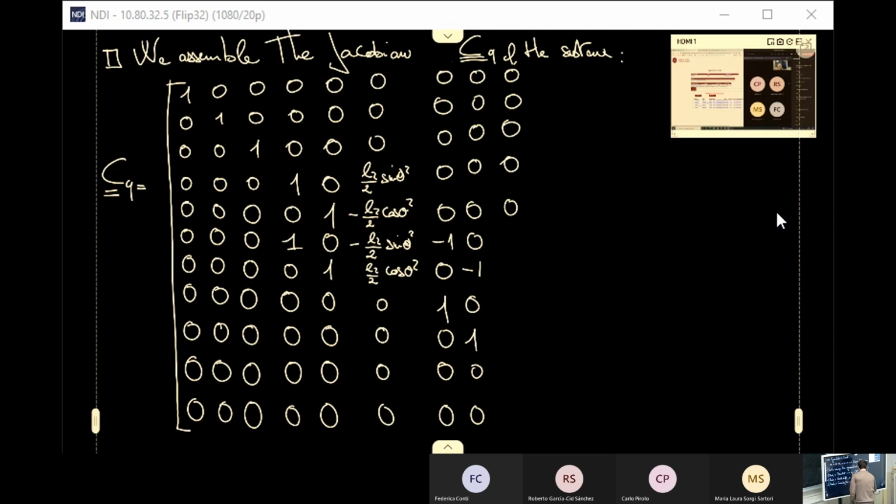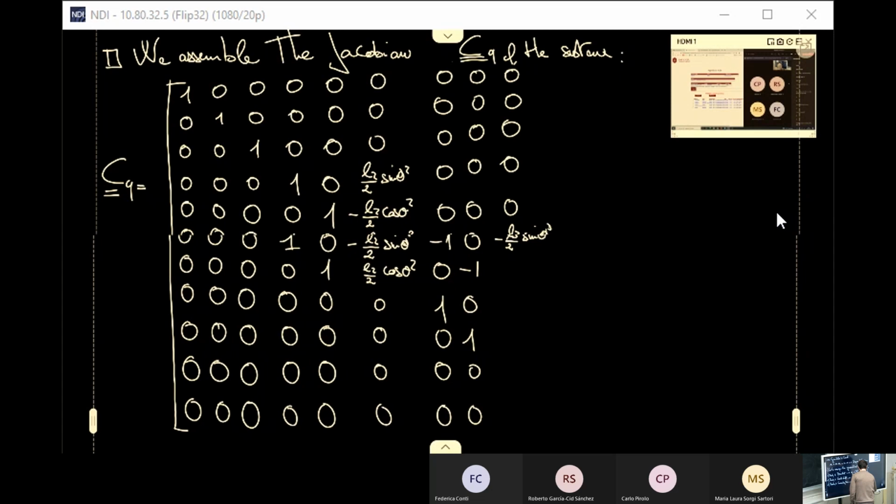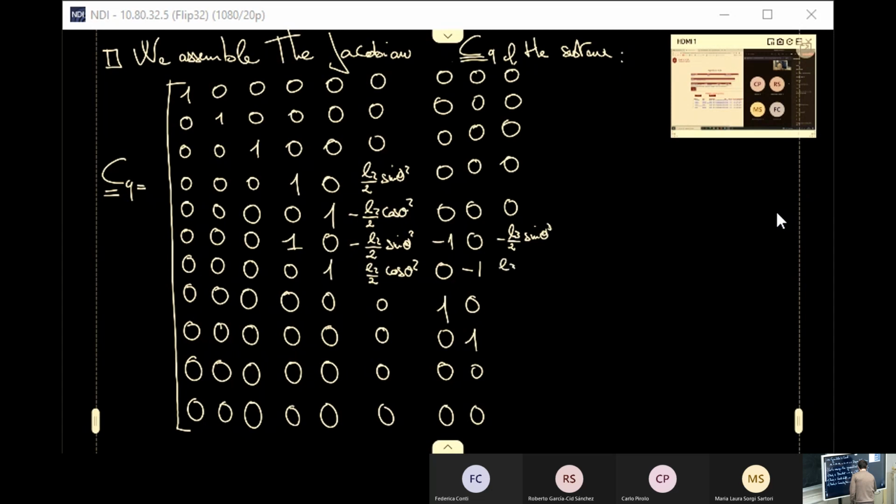And then here we have the other one. Cosine of theta 3.